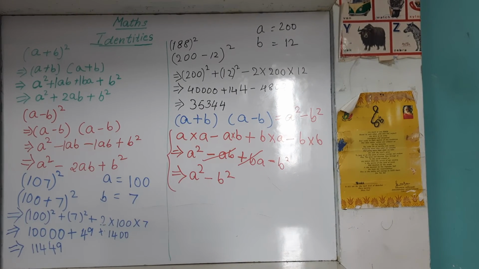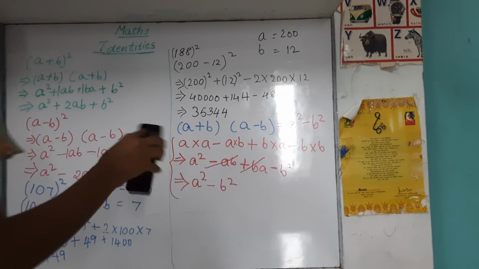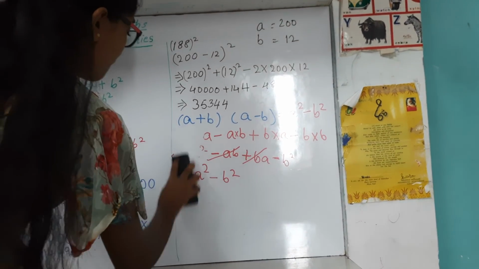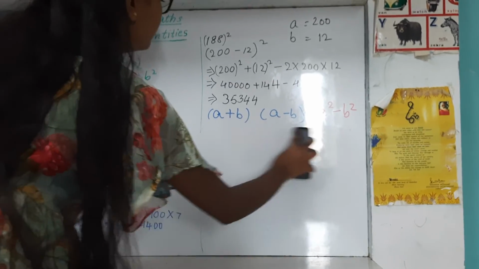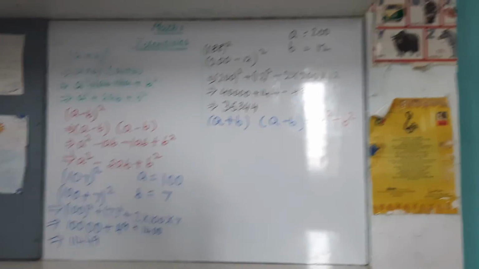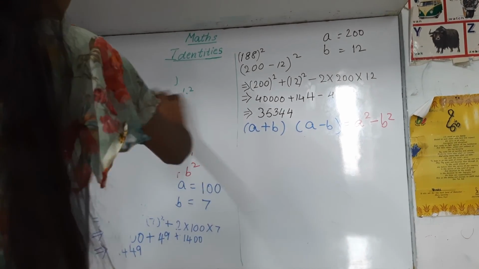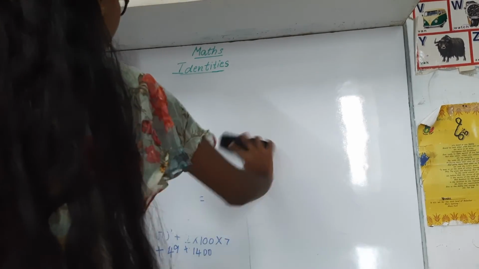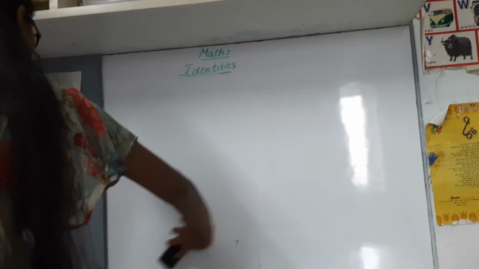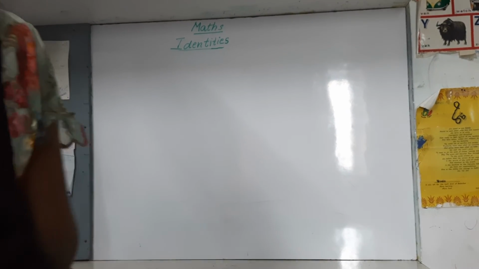So there are many things. Now let me give you an example for this one also, and just rub out the deriving one, okay? Let me give you an example for this (a plus b) and (a minus b).